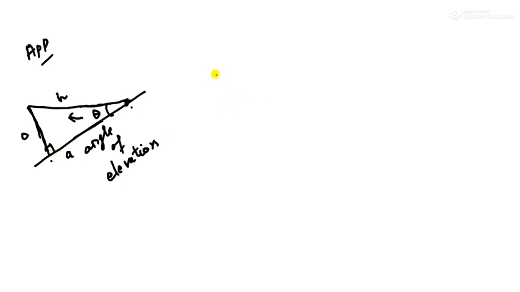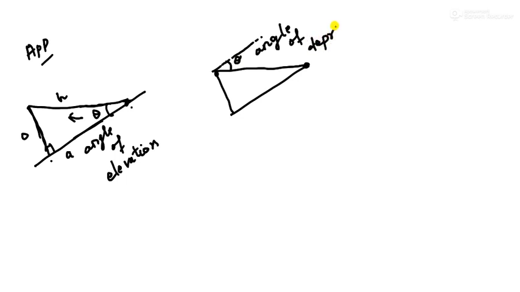And similarly, when the building is here, the person is standing over here and he is looking downwards to a car. Imagine there is a car here, then the angle formed with this horizontal, this theta, we call it the angle of depression. Since he is looking downwards, we call it the angle of depression. And this angle is equal to this.